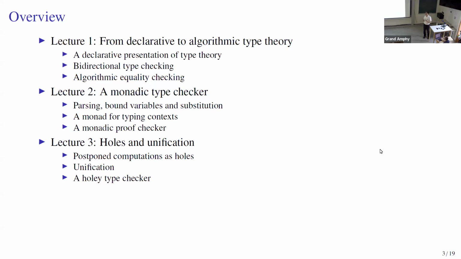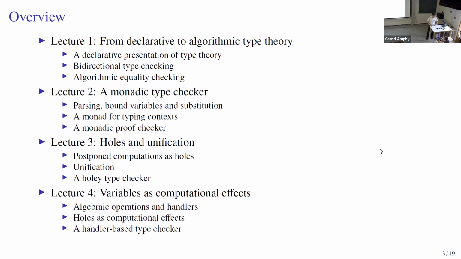So they're the first thing you want to put in, because once you have that, you can do lots of other things. And then in the last lecture, we are going to experiment with using computational effects, in particular handlers and algebraic operations, to see what the space of design there is, so that you can see maybe an alternative way to implement some of the things that are usually implemented in a straightforward functional style. We're going to try to use effects.